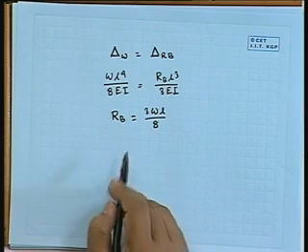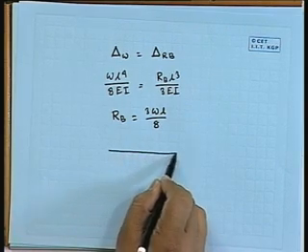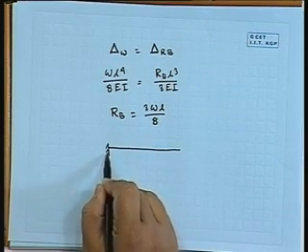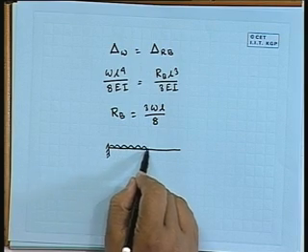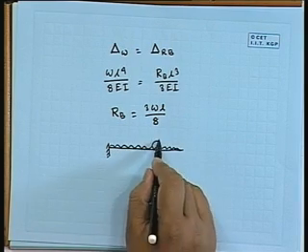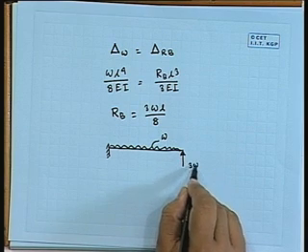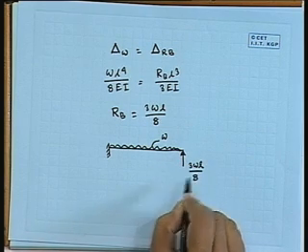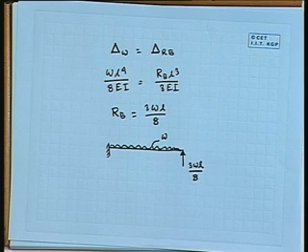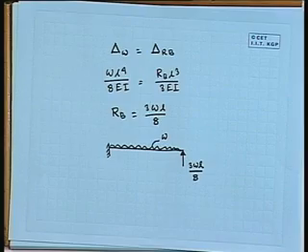Now, if I draw the beam again, the actual structure can be represented by a simple beam without the support at the right end.